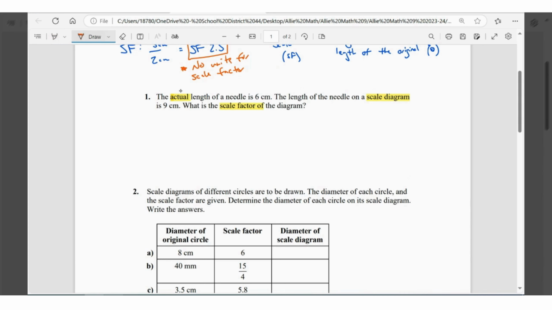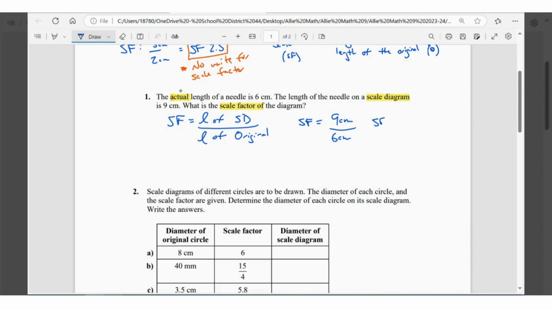As you recall, our scale factor equals length of scale diagram over length of original. So here our scale factor equals the length of the scale diagram, the needle is 9 centimeters, over the actual length. That seems like our original is going to be 6 centimeters.